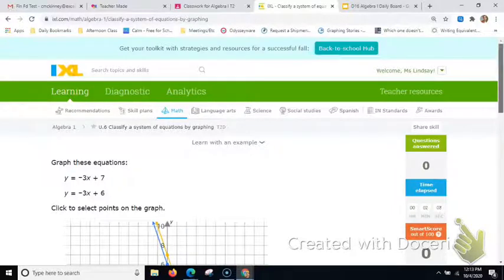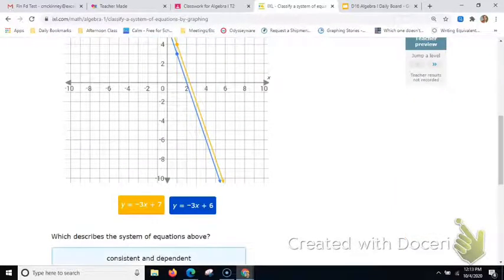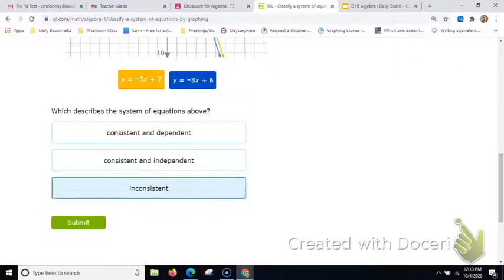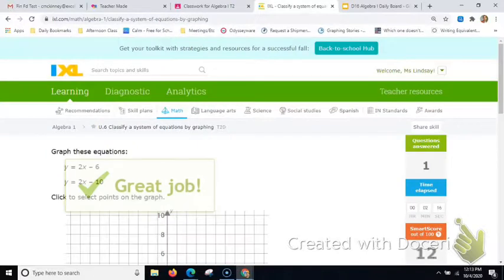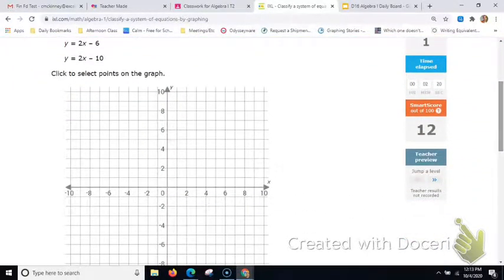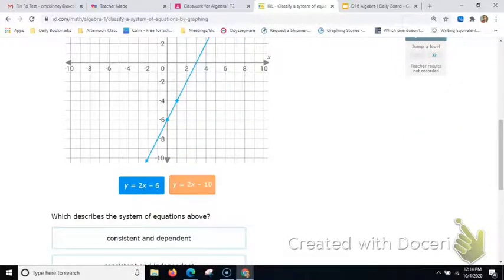Looks like I have to tell it something else here. They don't have any common points. They would be inconsistent. So here, negative 6 up 2 over 1, negative 10 up 2 over 1.